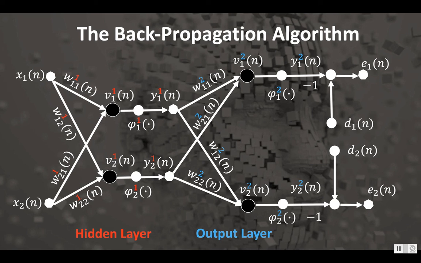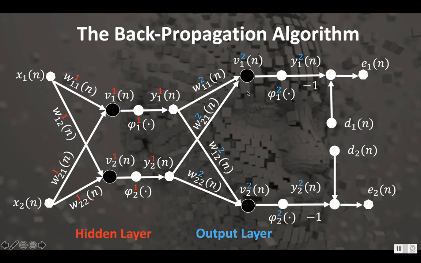And then we move to the output layer. We use the blue color to indicate that it's for the output layer. So the Y11 is multiplied with W211. 2 means the output layer.